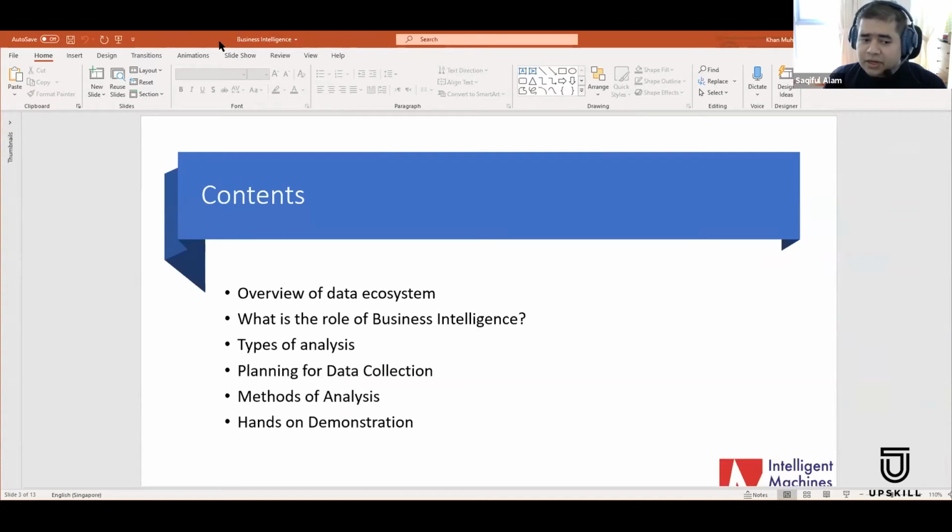And then we're going to actually talk about যে একটা business intelligence মানে someone who's working for business intelligence তার কি ধরনের type of analysis face করা লাগে, and in order to answer them, how he or she can plan for the data collection, how he or she can do those analysis. And then we'll take a very quick tour of say a data set and how a business intelligence role would work with that data set. So that's how our session today will be.